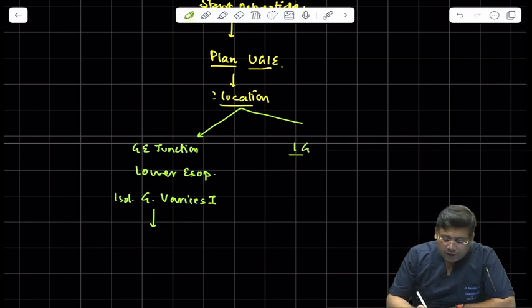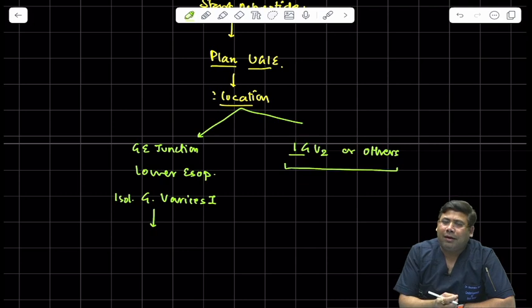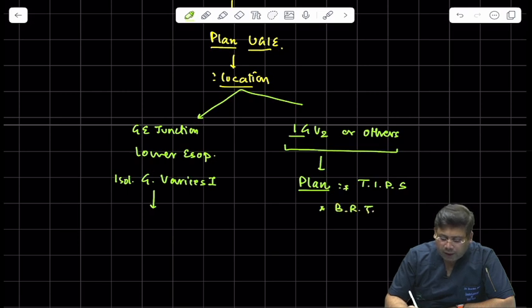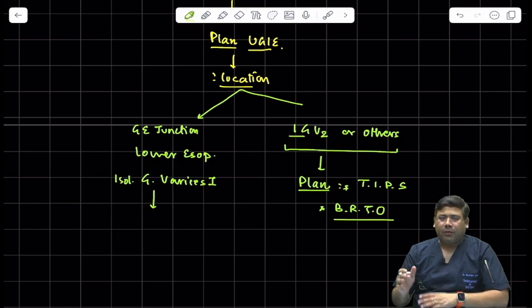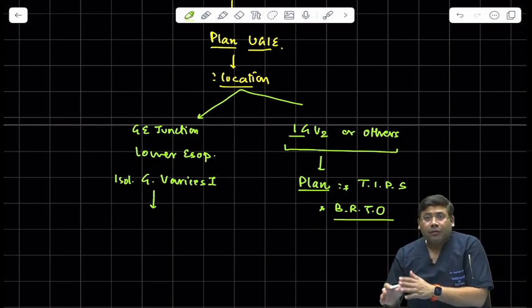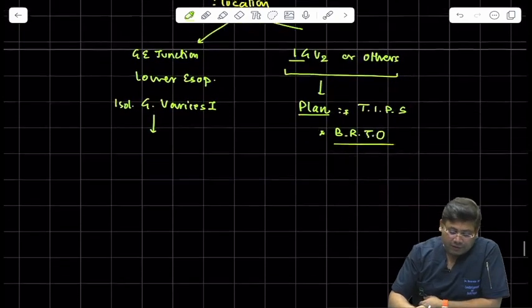If it is isolated gastric type 2 or others, the management shall be different. So if IGV2 or others are there, you have to plan for TIPS, transjugular intrahepatic portosystemic shunt, or BRTO, balloon-occluded retrograde transvenous obliteration. This is the management if the patient has isolated gastric varices.